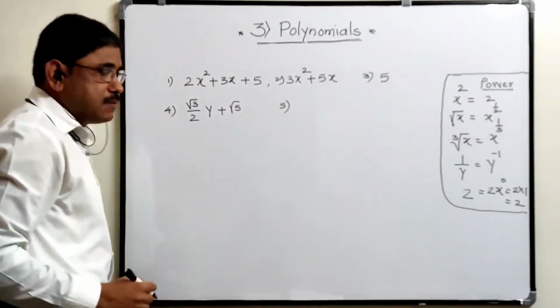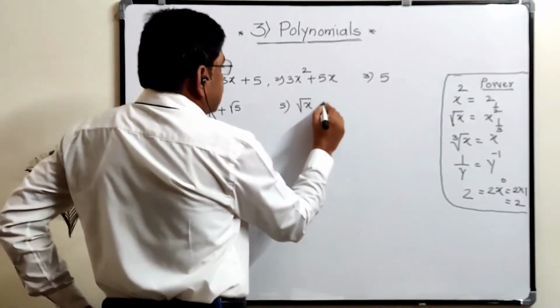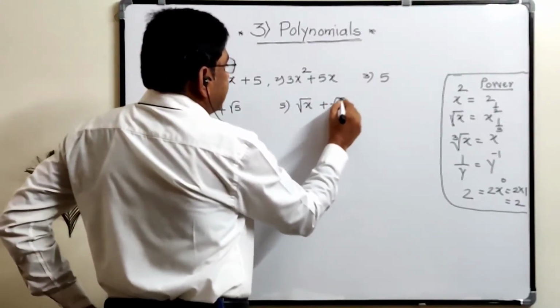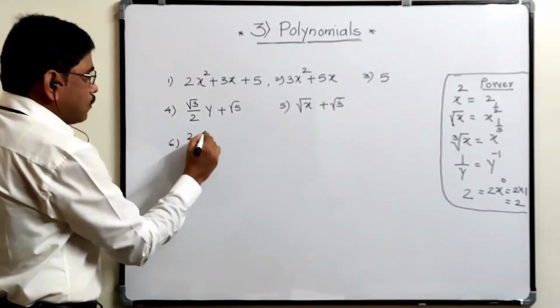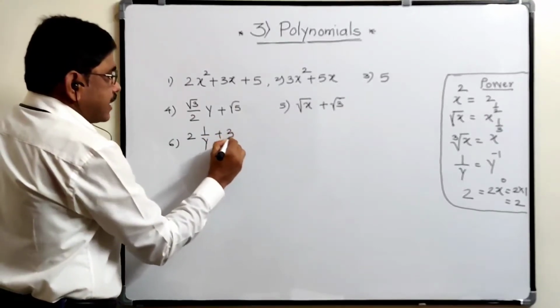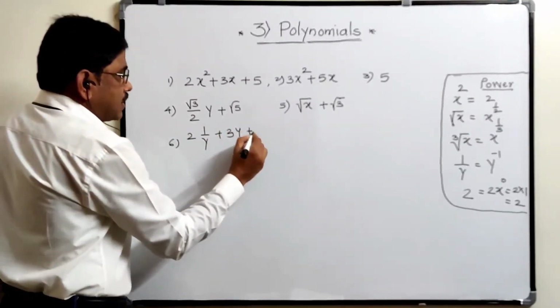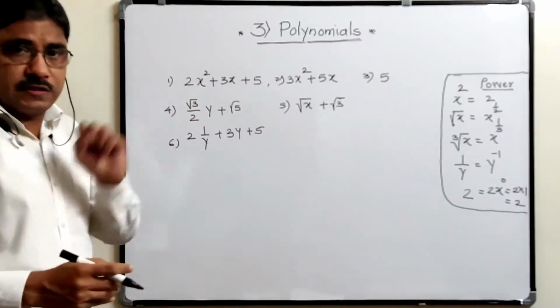This is fifth example. Root x plus root 3. And sixth example, this 2 into 1 upon y plus 3y plus 5. So these are some algebraic expressions.